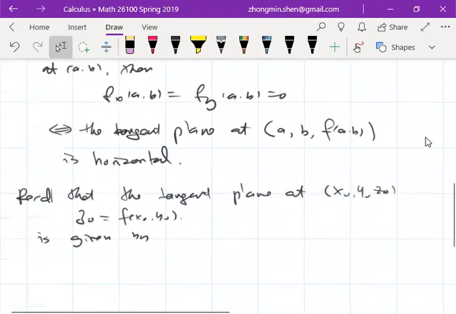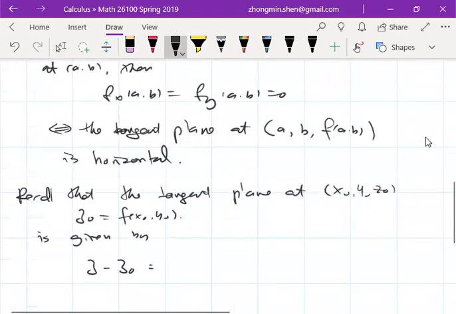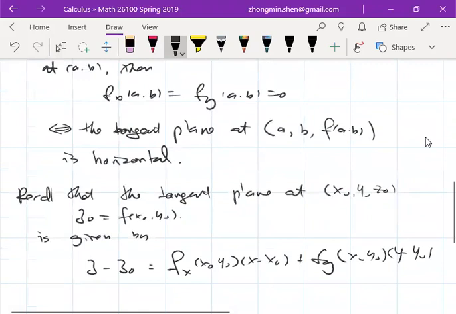The equation says that z minus z0 equals f_x times (x minus x0) plus f_y times (y minus y0). So that's the equation.